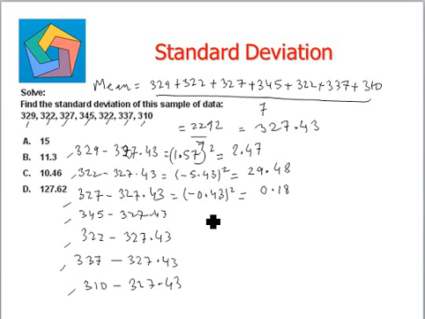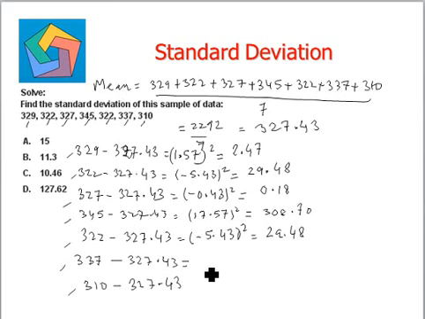Now 345, this will give us 17.57 as a difference. When squared this will give us 308.70. Now we have 322 minus the mean, which we've calculated above also, so negative 5.43. Squared gives us 29.48. Now here we have 9.55 as a difference. Square it up and we get 91.2.